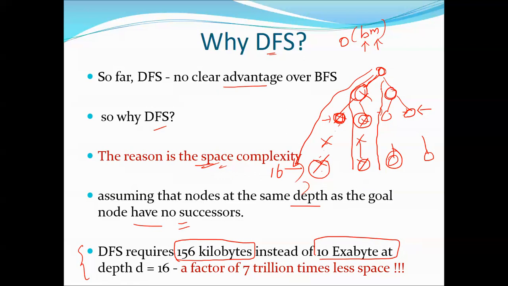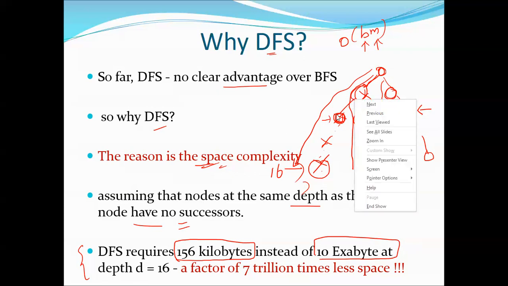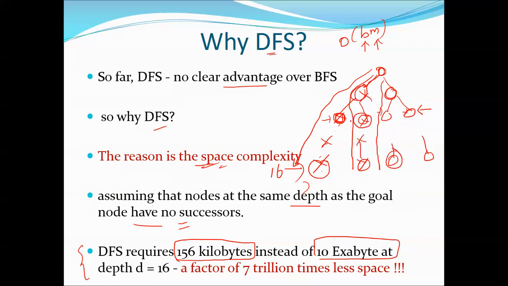If the branching factor is 5, you will get 5 children. But after that, you will explore this node only. When you explore this, another 5 will be created, and when you explore the next, another 5. Like that, it goes on up to the last level. So if there are 16 levels and the branching factor is 5, and you explore this one path, then it will create only 16 times 5 nodes.